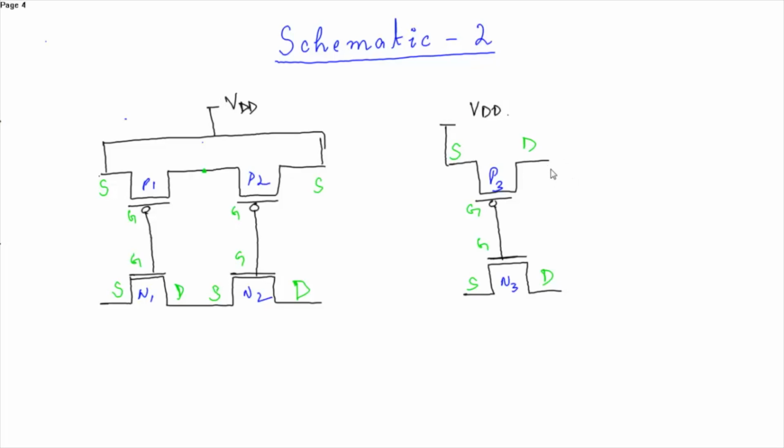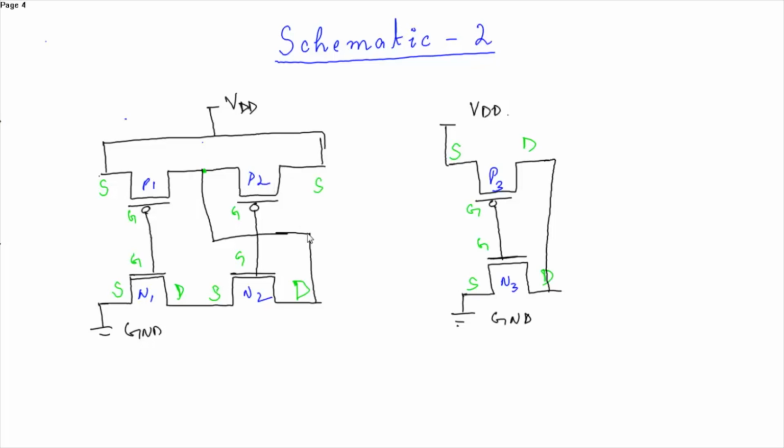Similarly, the common drain is connected to the drain. Now these two drains are also shorted, and this is connected to ground. Similarly, this source is also connected to ground.